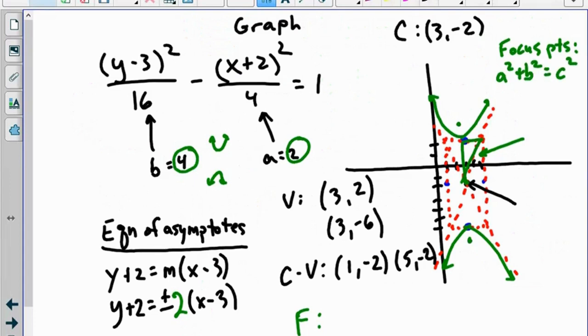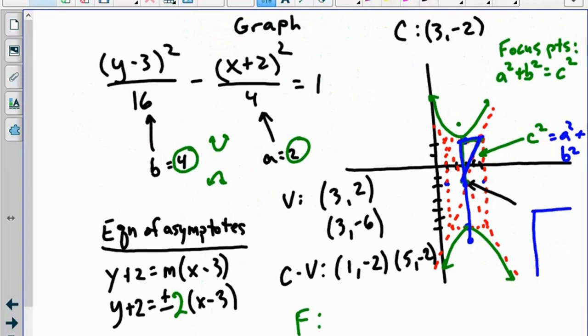And since the focus is on the outside, our distance from the center to the focus is actually equivalent to this half of the diagonal that we have drawn. So c squared equals a squared plus b squared.